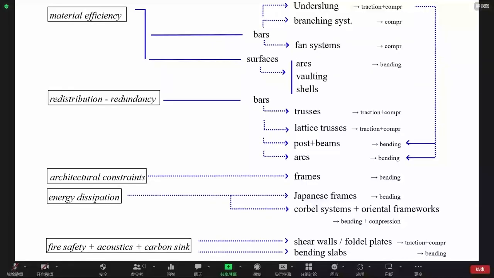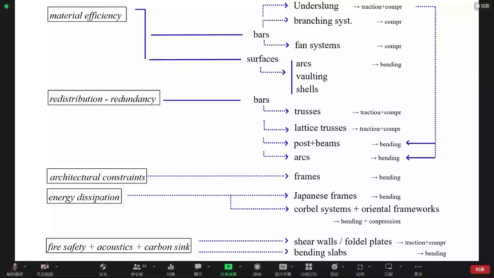If you have architectural constraints, you need regular forms, and then you go to frames or post and beam systems. If you look for redundancy, you can go to trusses, lattice trusses, post and beam, or arch systems, in which you can develop several mechanisms in the system.